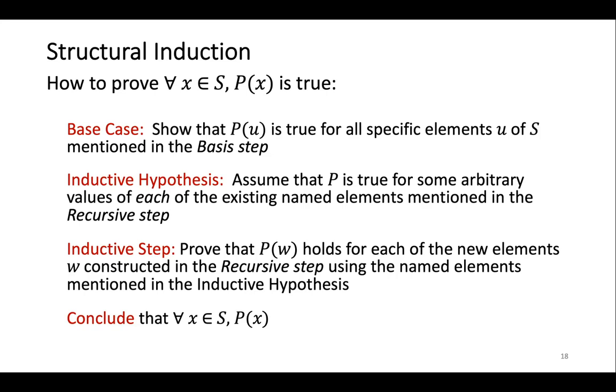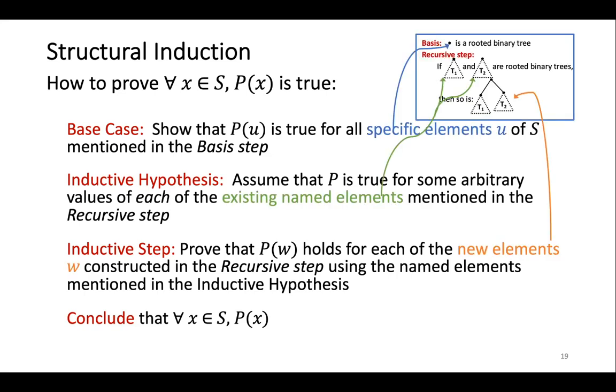Then we have to prove P of w holds for each of the new elements w constructed in the recursive step using the named elements mentioned in the inductive hypothesis. Then we can conclude whether the claim is true or not.